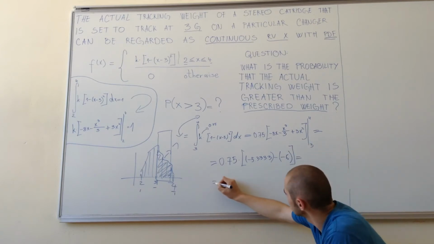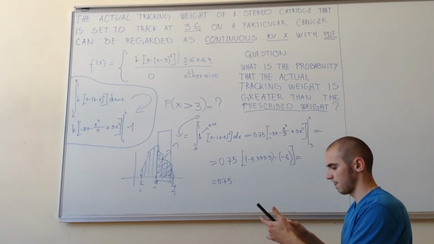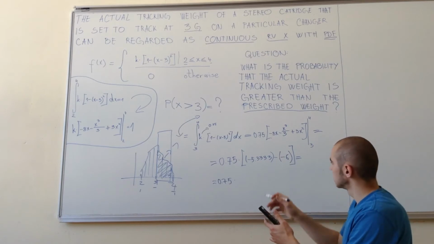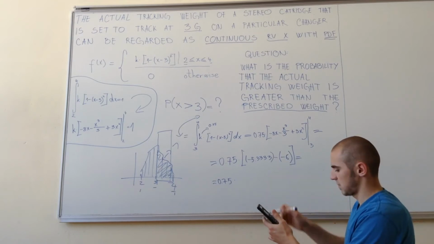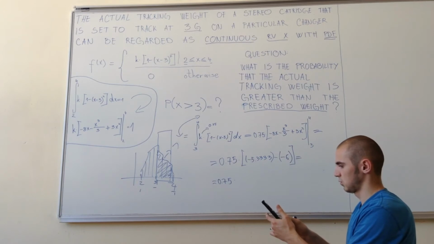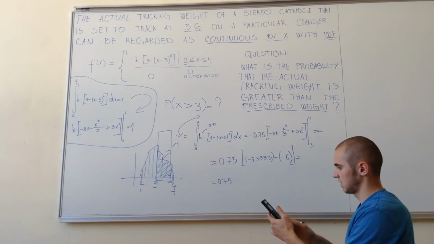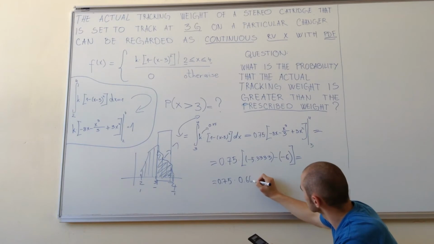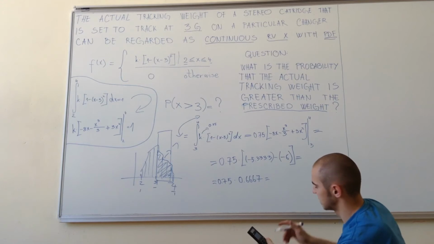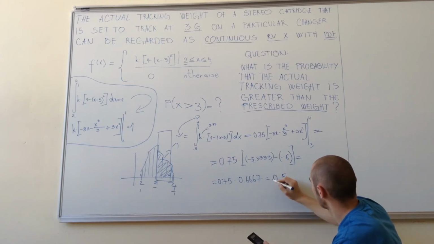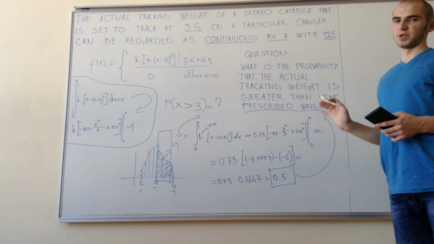And now when we calculate this, it will be 0.75 times, and now this part will be 0.6667. 0.6667 times 0.75 is equal to 0.5, which is the actual probability, and this is the answer for this question.